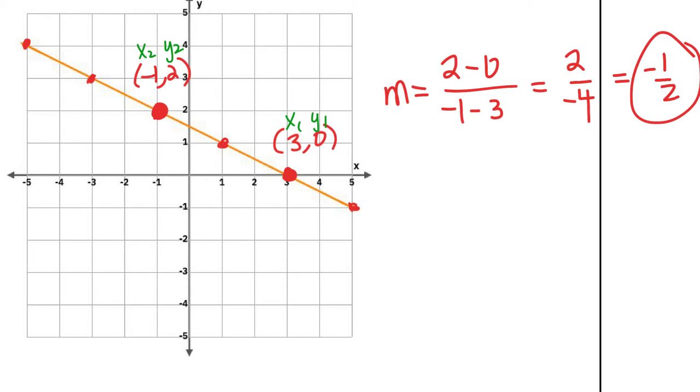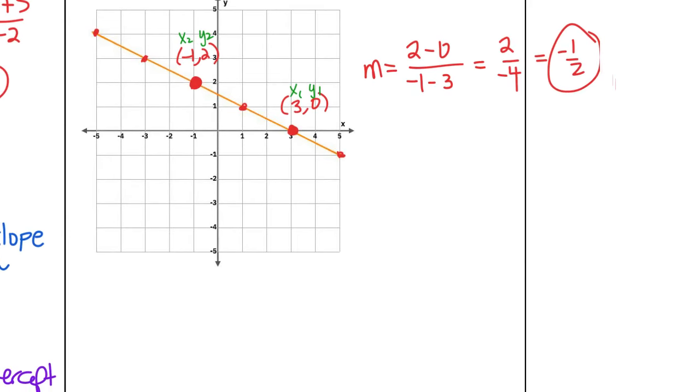Now let's start plugging into point slope form. So that would be y minus y1. If you look at the points, I have 0 for y1, equals m. M we just calculated to be negative 1/2, parentheses, x minus x1, and our x1 is 3.